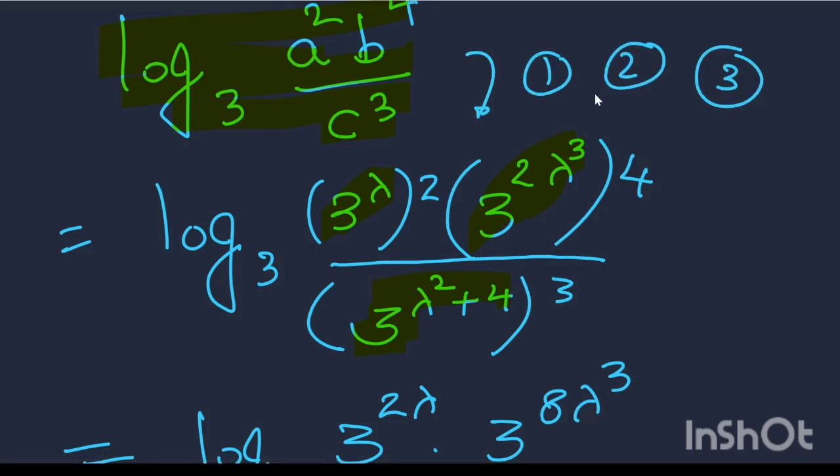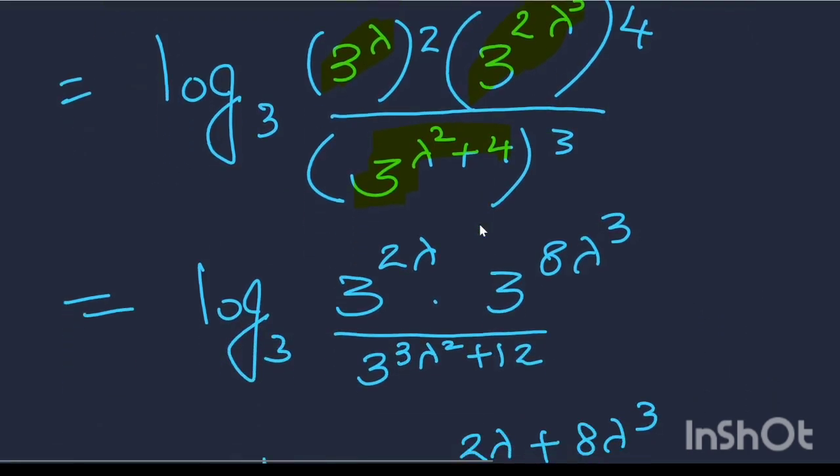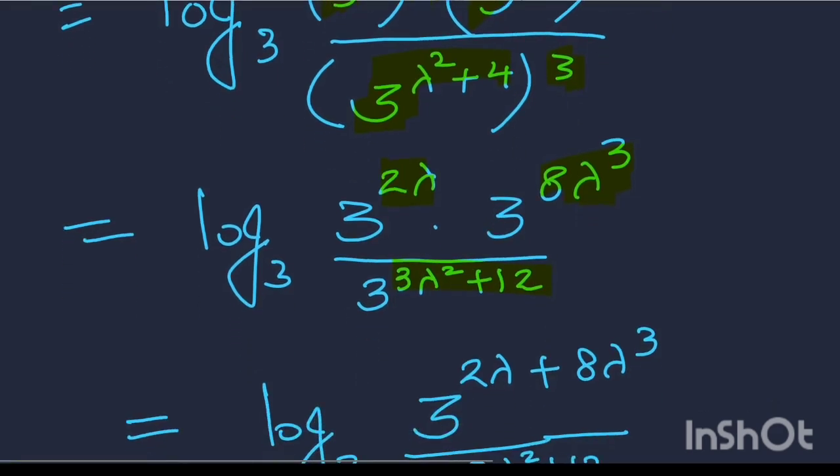We substituted it here. So now 2 gets multiplied, it becomes 2 lambda. 4 gets multiplied, it becomes 8 lambda cube. 3 gets multiplied, it becomes 3 lambda square plus 4. Now these 2 lambda and 8 lambda cube get added because the bases 3 and 3 are same.